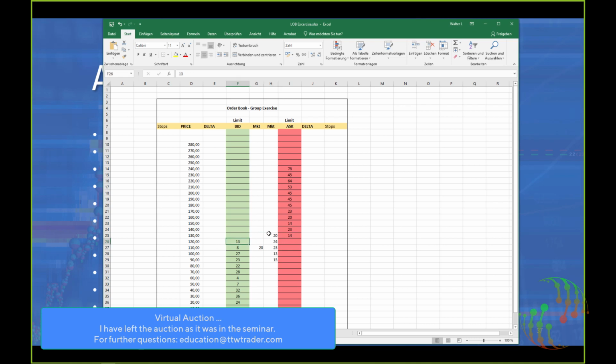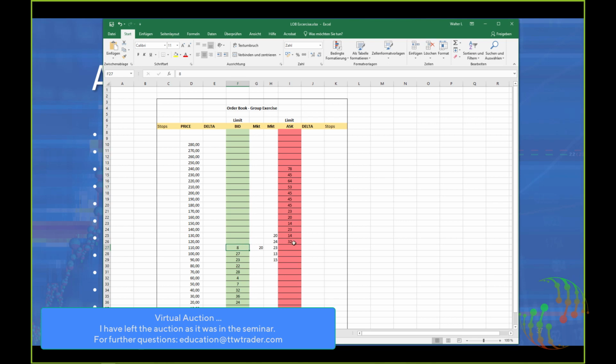If no one is bidding here, then the auction algorithm is auctioning down. That means the price comes down. If no one is interested in trading this 130 level, then the matching algorithm, the auction engine, is trading down and trying to find new buyers.